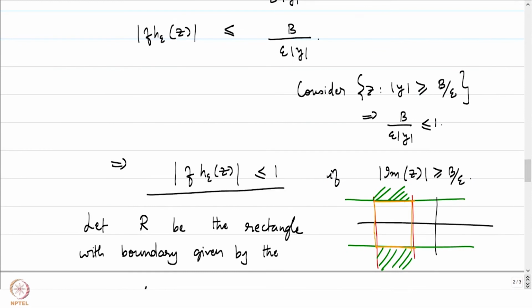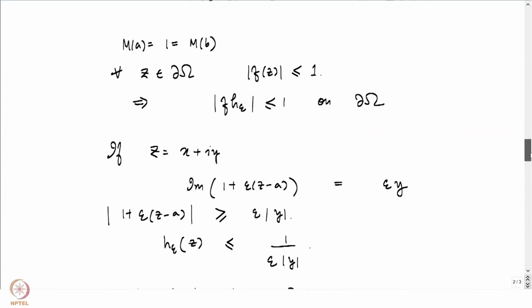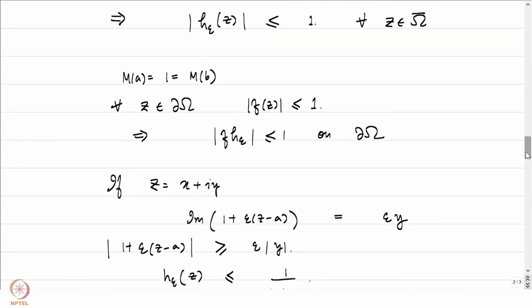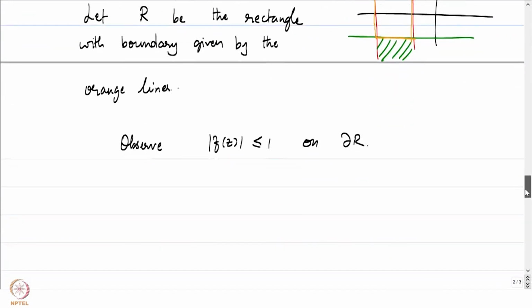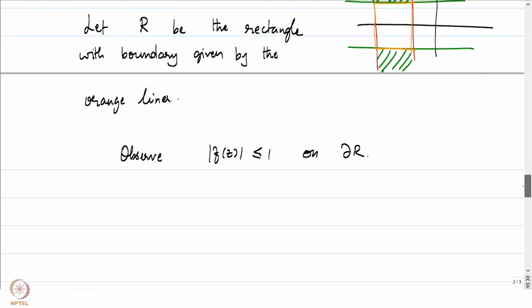So here we ensured that it is less than or equal to 1 on the horizontal lines, and earlier we did establish already that on the entire vertical lines which form the boundary, this is less than or equal to 1. So in particular, on the boundary of the rectangle, the absolute value of f of z is less than or equal to 1, and by the usual maximum modulus principle, the absolute value of f of z is less than or equal to 1 on R.